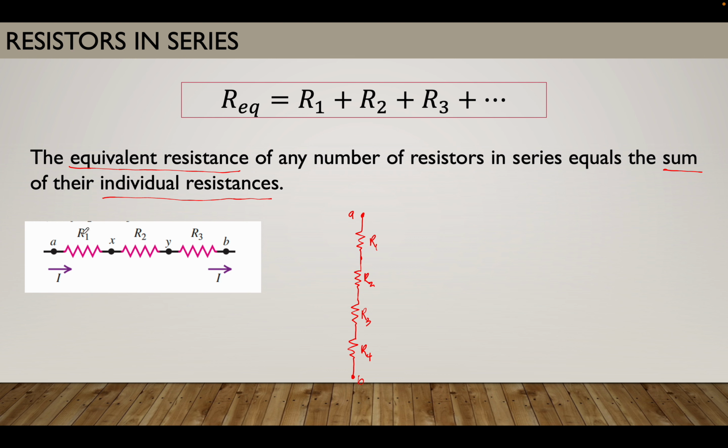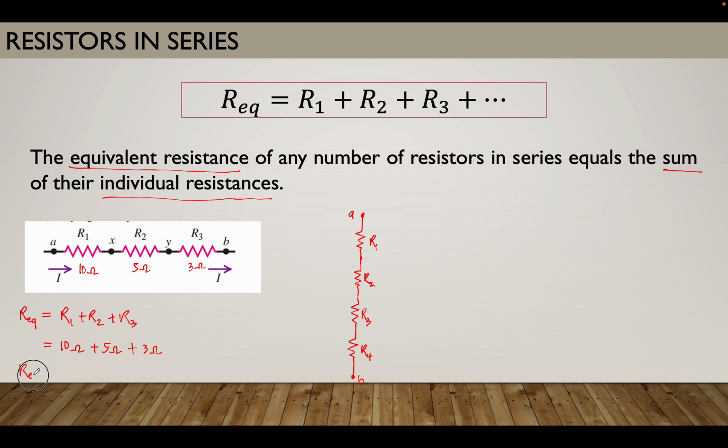Okay, so let's say for example, we have R1 is 10 ohms, R2 is 5 ohms, and R3 is 3 ohms. To get the equivalent resistance, we have R equivalent is equal to R1 plus R2 plus R3. So R1 is 10 ohms plus R2 is 5 ohms plus R3 is 3 ohms.